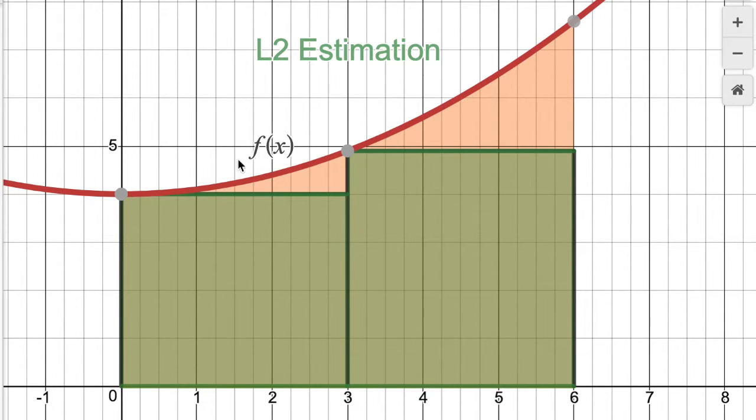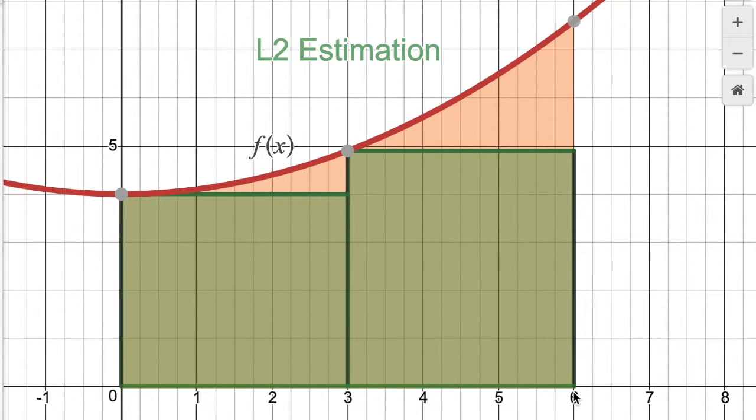So here's my 2 rectangles, right? And I figure out the width of them by doing essentially, this is kind of my b over here. The 6 is biggest, and my a is my left-hand endpoint. So we figure out the width. It's not that hard to figure out that if I divide 6 into 2 pieces, it's 3 units long.